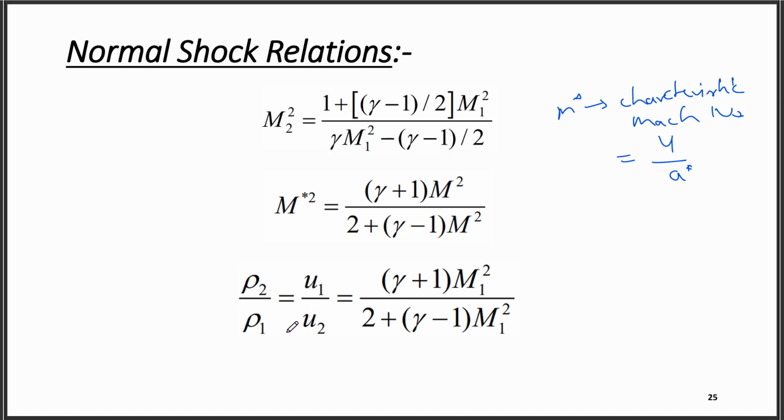And ρ2 by ρ1 is equal to u1 by u2, equal to (gamma plus 1) M1 squared upon 2 plus (gamma minus 1) M1 squared.